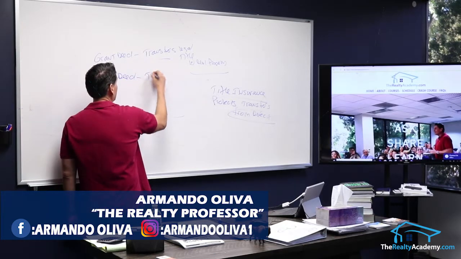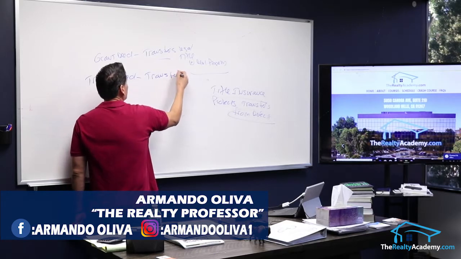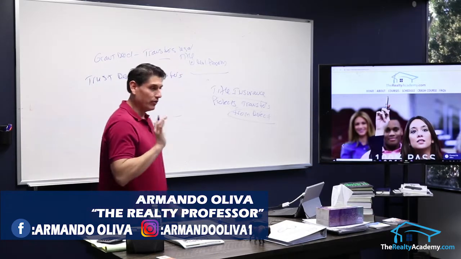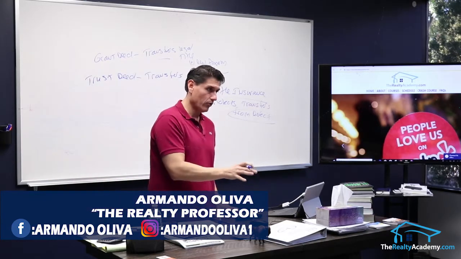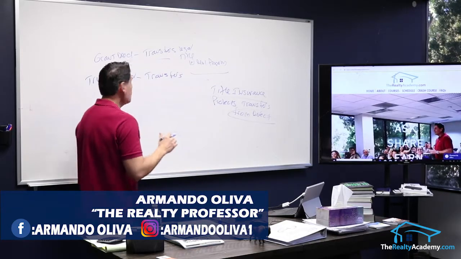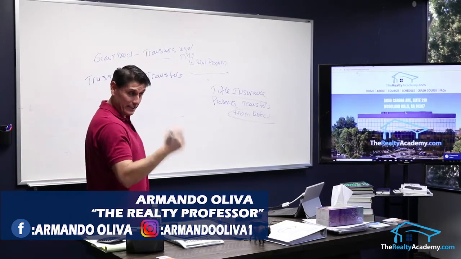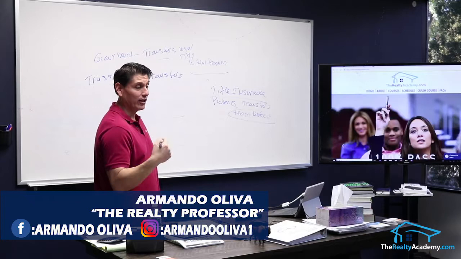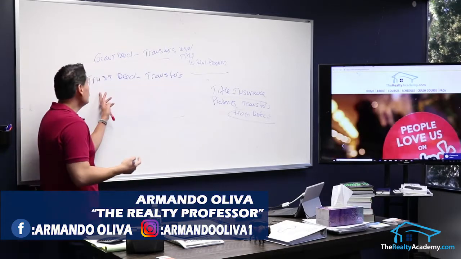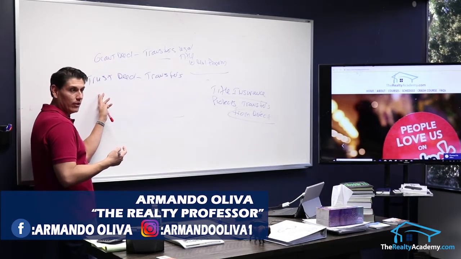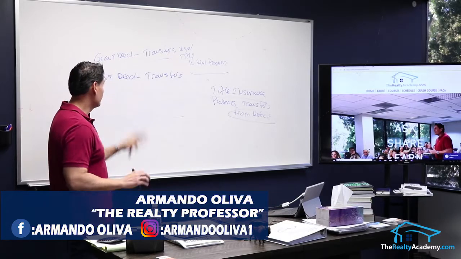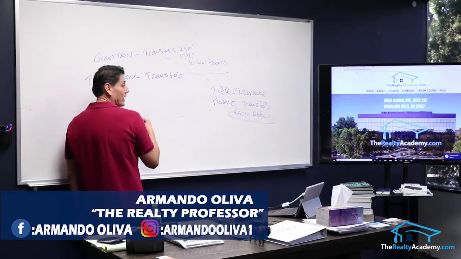So the grant deed is if you bought it for cash? No, the grant deed is legal title, here you go. However, if you borrowed money from the bank, in addition to the grant deed that the seller would give you, you would give the lender a trust deed or a deed of trust. So you'll have both? You would have both.